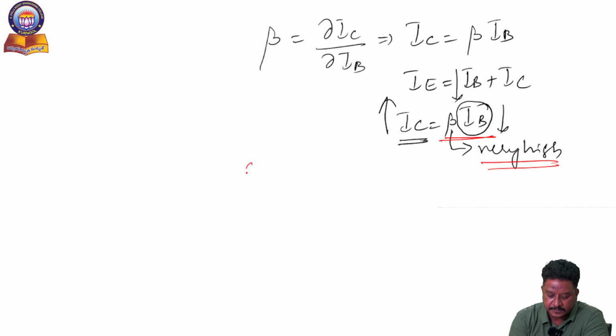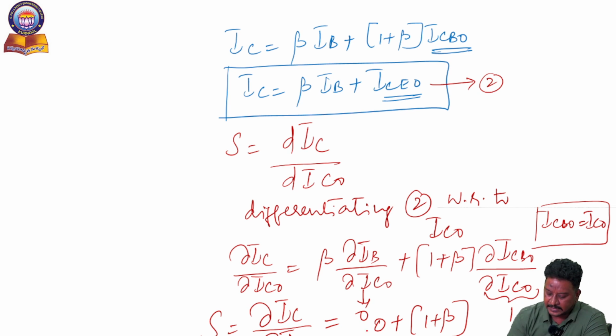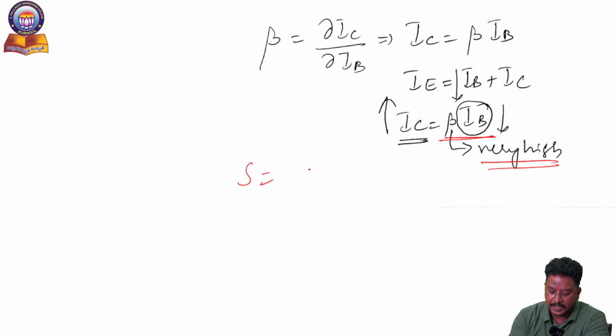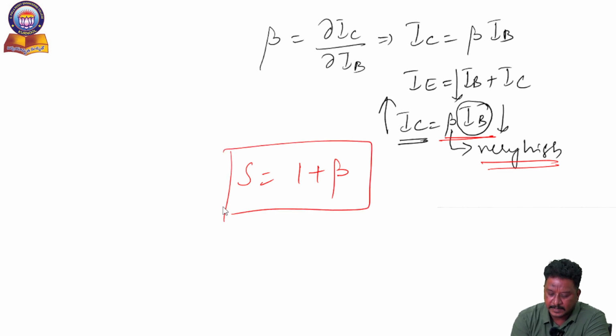From the definition of stability factor of the common emitter configuration, which we just derived in the previous slide, S is equal to 1 plus beta. S is the stability factor for the common emitter configuration. In this case, beta value is very high, so 1 plus beta is a very high value.